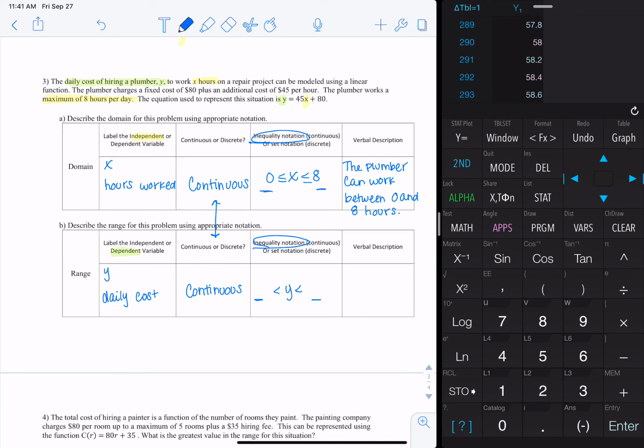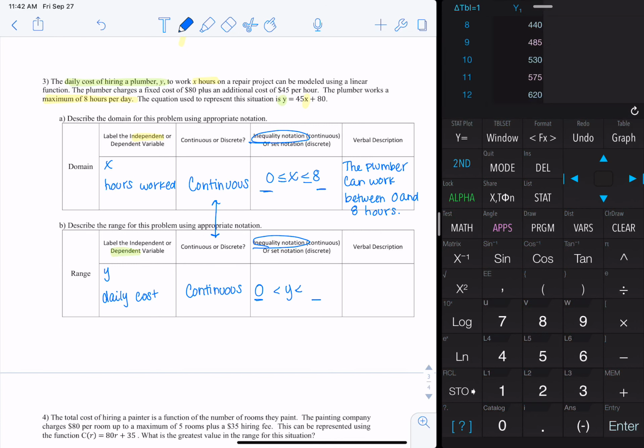So I'm going to take my equation, plug it into y equals. Well, it's pretty easy though, right? If he works 0 hours, he's going to make 0 amount of money, right? So then if he works 8 hours, we're going to type this equation in. And then we're going to go to the table, and I need to find 8. So we're going to reset that to 8.